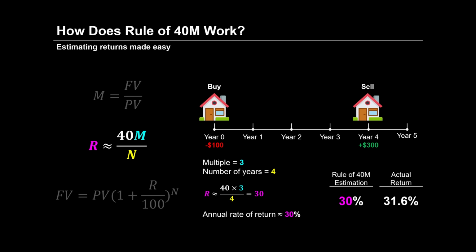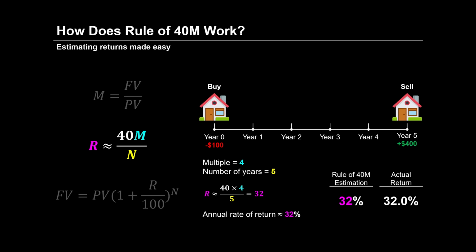If you have an option to sell the house a year after for $400, should you do it? Using the rule of 40M, having the multiple of 4 and number of years as 5, you will be able to estimate the return at roughly 32%, virtually the same as the actual return of 32.0%.